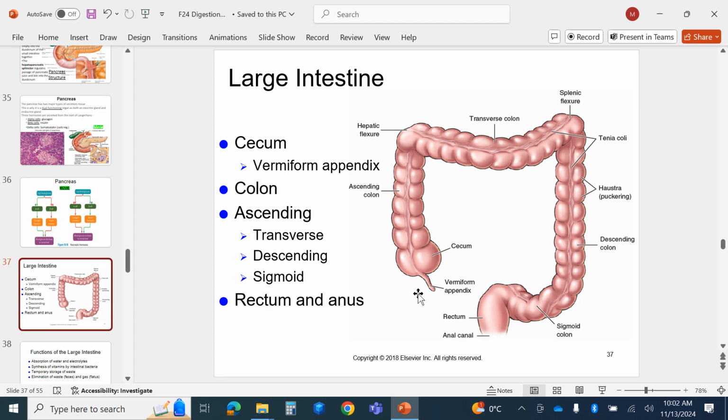Large intestine, really not about absorption. That's already been done. By the time food gets to the large intestine, it's basically about fecal compaction and vitamin K production, because we have flora, good bacteria that line our entire large intestine, and we need that. We die without them.